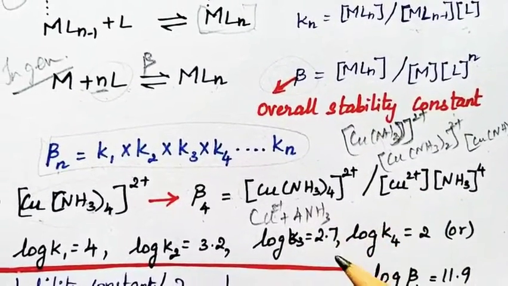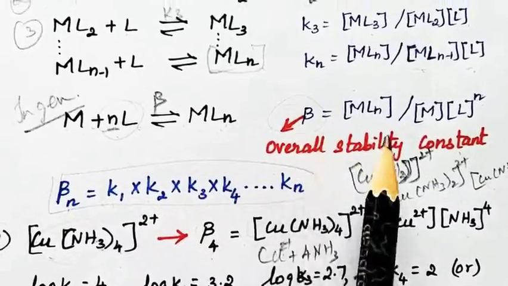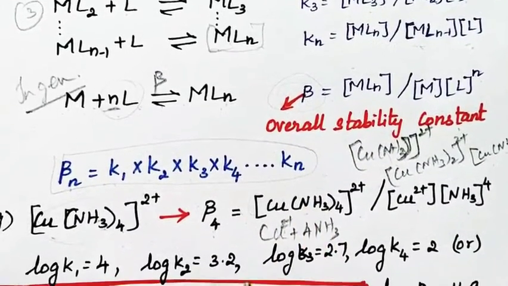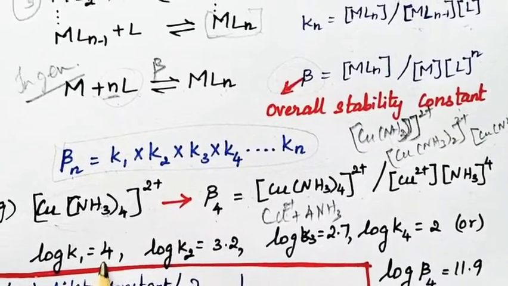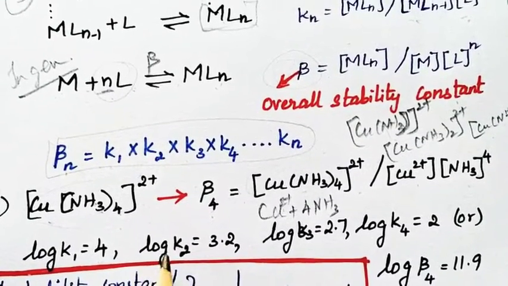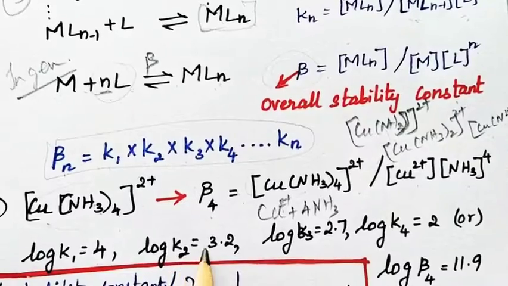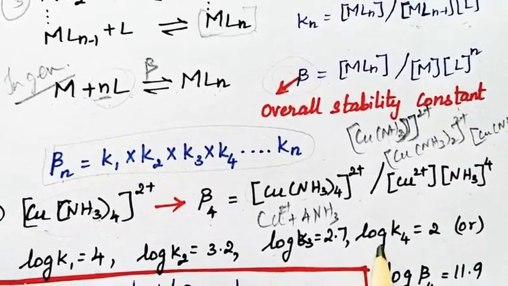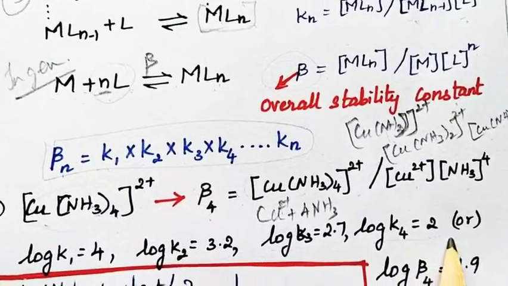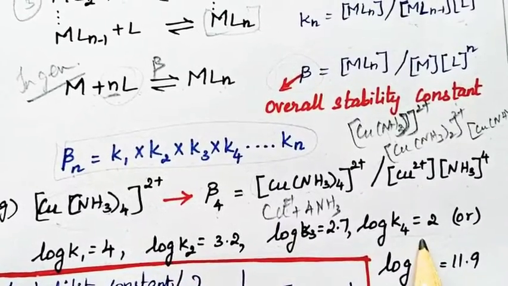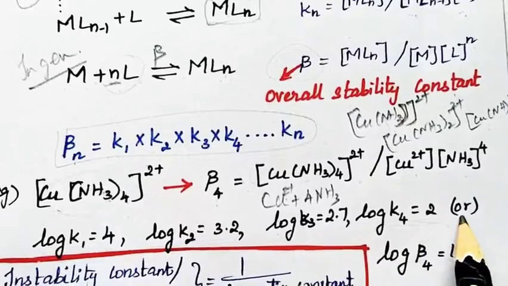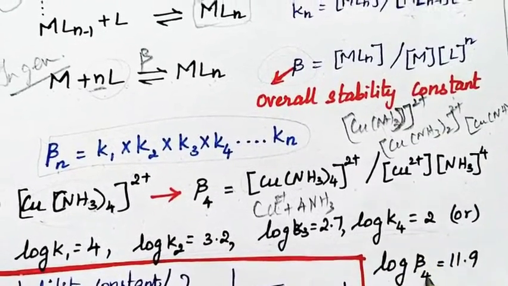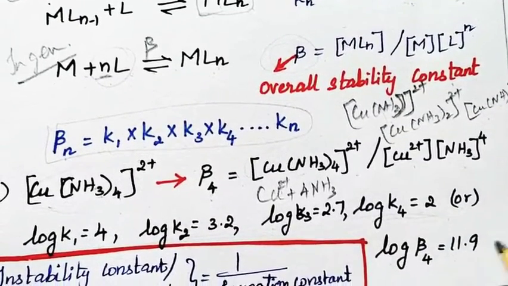Step by step we calculated the K values, that is the stability constants. For the first step we got log K1 equal to 4, and for the second step we got log K2 equal to 3.2. For the third and fourth steps we got values like this. From this we can calculate the overall stability constant, or write it in another form, that is log of beta 4 is equal to 11.9.